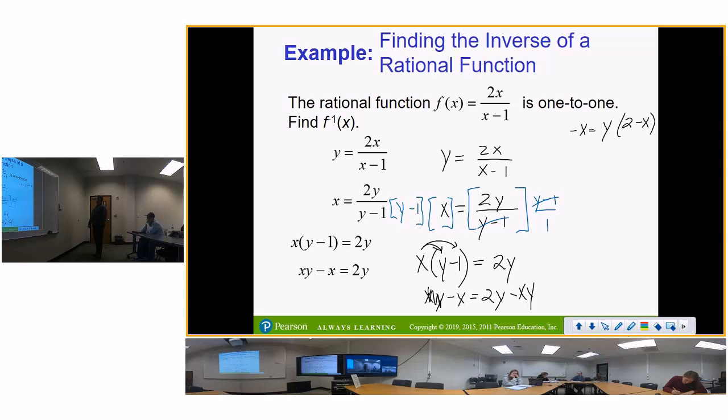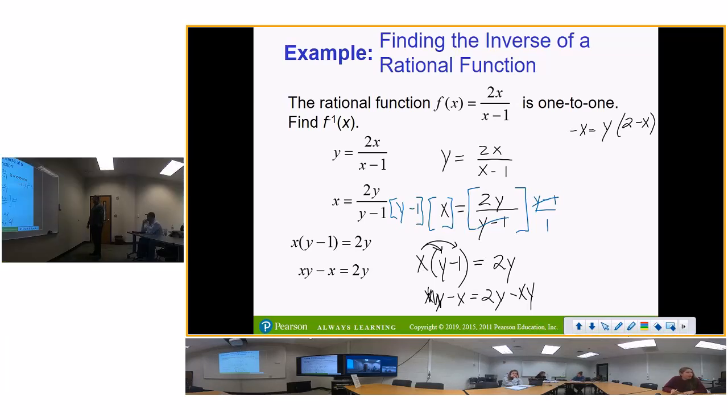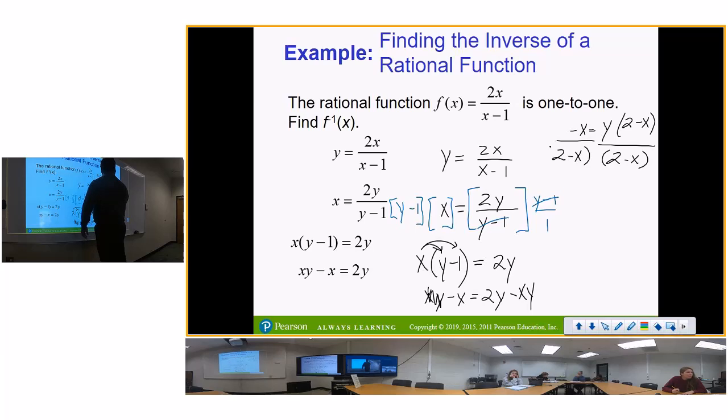The opposite of distributing. Pre-algebra. You pulled out the common factor, the common term. What's common with 2y and xy? Y. Factor it out. So how do I solve for y? Divide by 2 minus x. So y inverse is equal to negative x over 2 minus x.